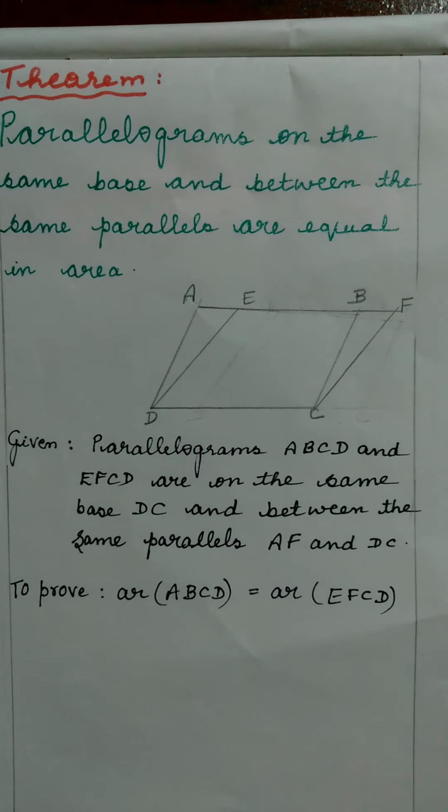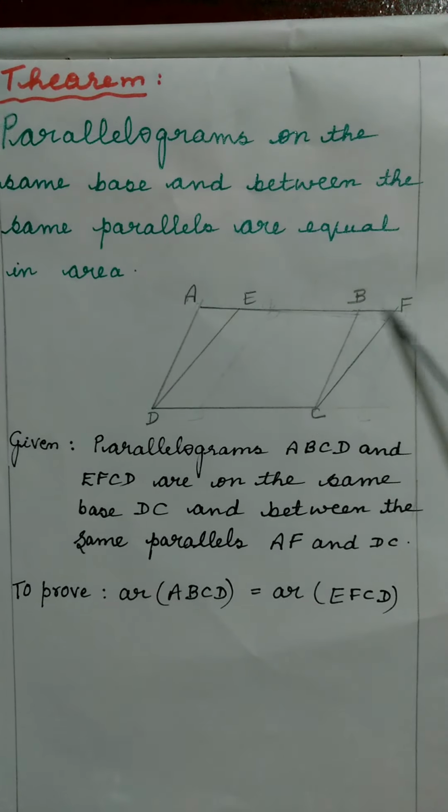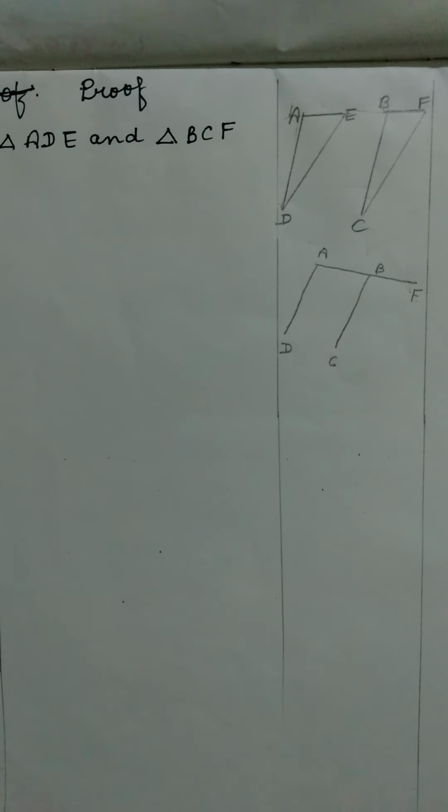ABCD. We know that in a parallelogram, opposite sides are parallel. Therefore, from this figure, you can observe that AD is parallel to BC and AF is the transversal.